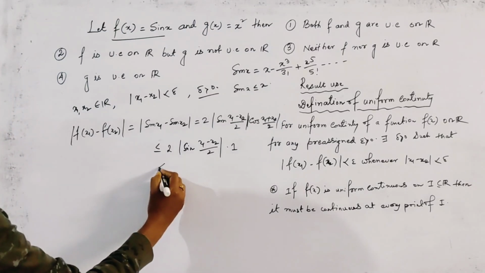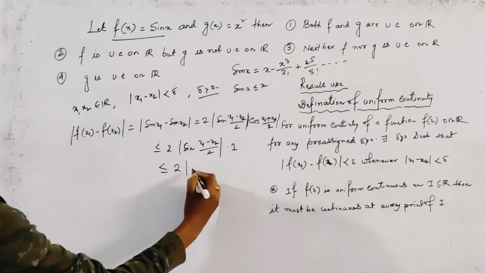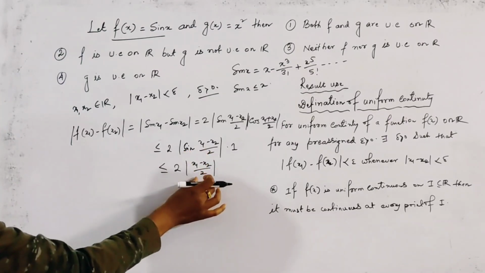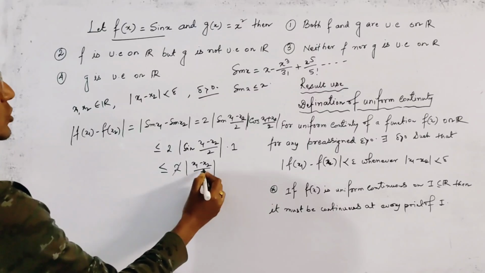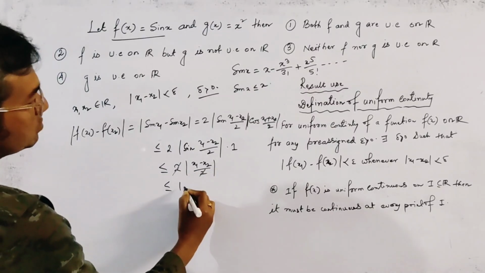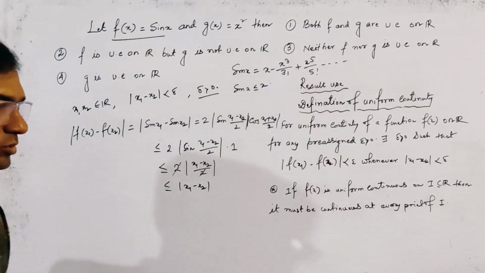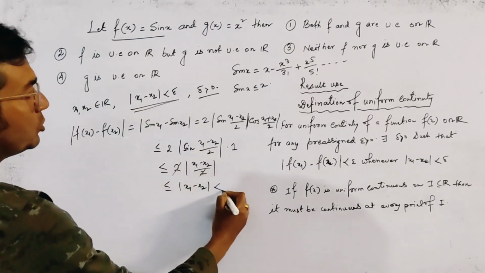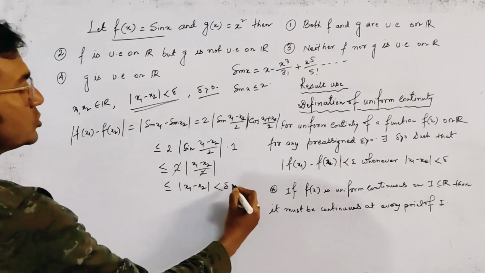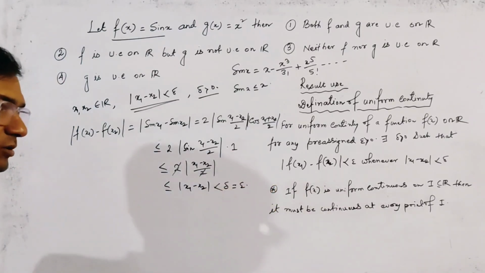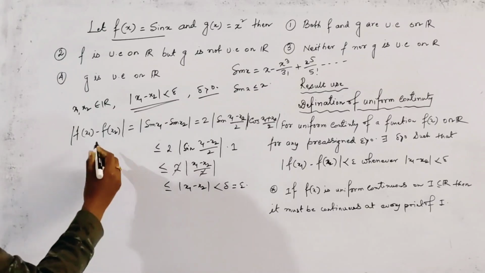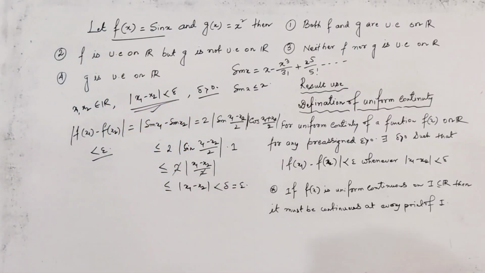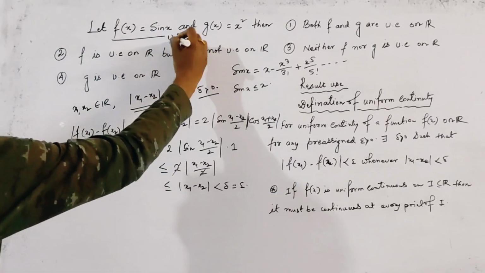From here we get this is less than or equal to 2|(x1 - x2)/2|, and cancelling the 2s, we get the result |x1 - x2|. Now since |x1 - x2| < delta, we put here less than delta and choose delta equal to epsilon, which is pre-assigned. So we get this is less than epsilon whenever |x1 - x2| < delta. So it must be uniformly continuous.